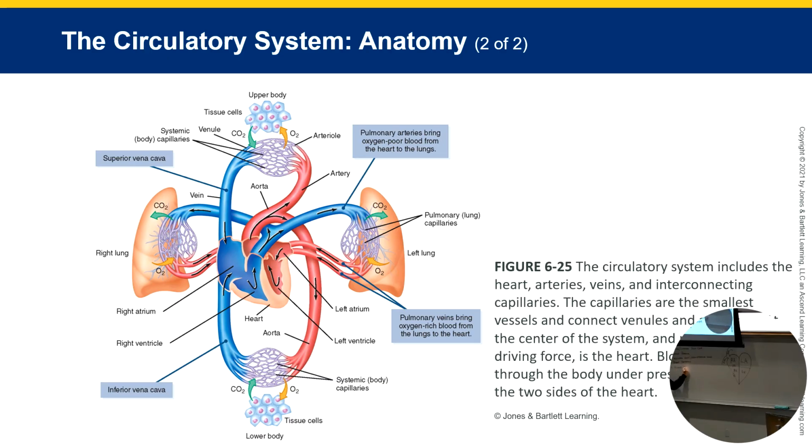So if you call it pulmonary valve, that is fine as well. This valve also has a special grouping. This is a semilunar valve.